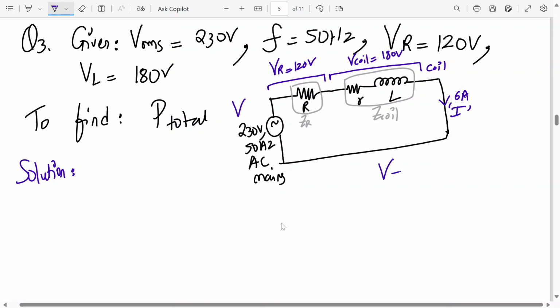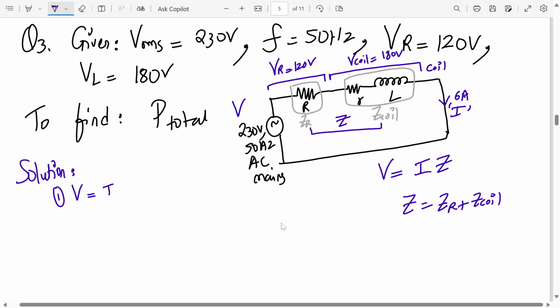Can I say the total supply voltage V is I into total Z? If I combine this and this, I'll get Z. Like the way we write V equals IR, here V equals IZ, where Z is ZR plus Z coil. So we need to find the total Z of the circuit. How to do it? First step is V equals I into R, and that resistance is Z over here.